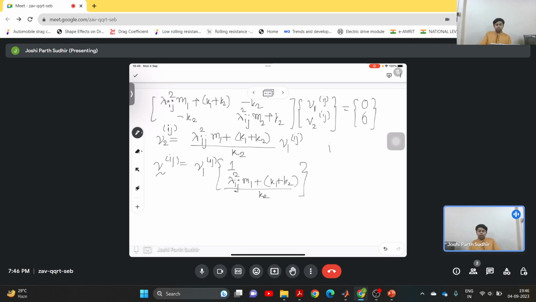So i will be 1, 2, and j will be varying between 1 and 2. So we will get an eigenvector corresponding to each root lambda ij using this equation.